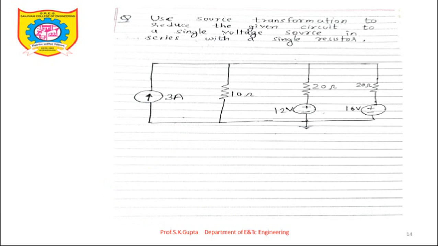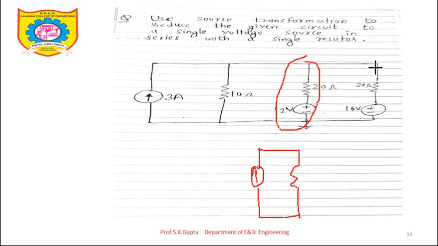So as you can see here, these 12 volt and 20 ohm are in series, so they can be replaced by a current source and one parallel resistor. Similarly, this voltage in series with a resistor can be replaced by a current source in parallel with one resistor.